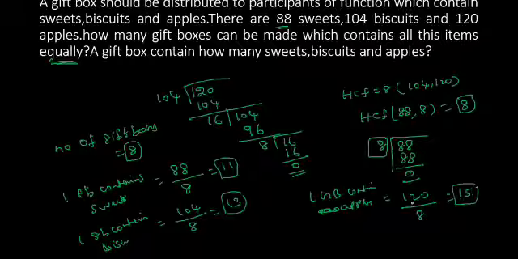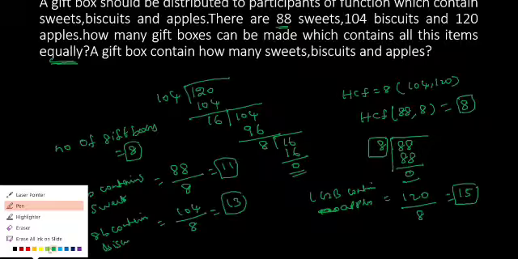Now we will go for the actual problem. How many sweets, how many biscuits and apples does a gift box contain? There are 8 gift boxes.